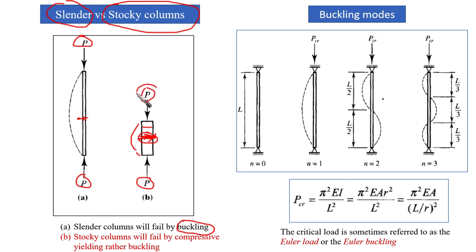Here, just like Sarah mentioned, there is loading, which is P, but we do not know what is the loading condition that is going to make this buckling take place.